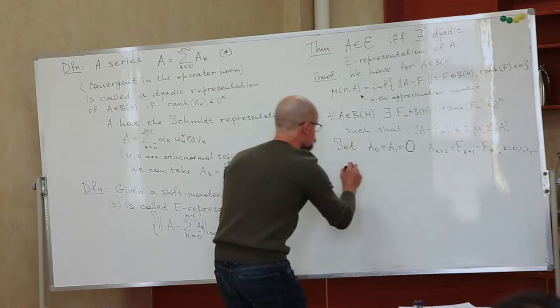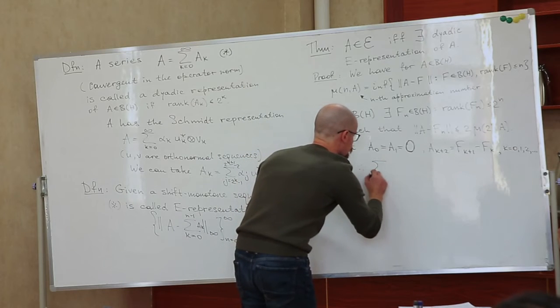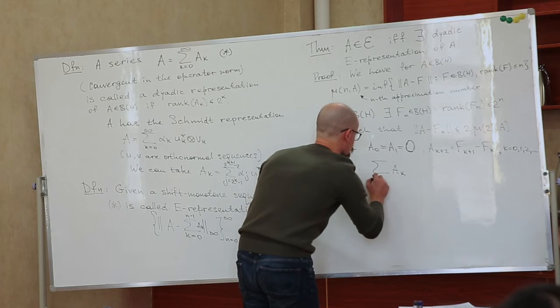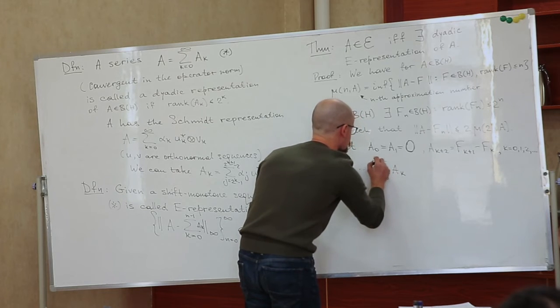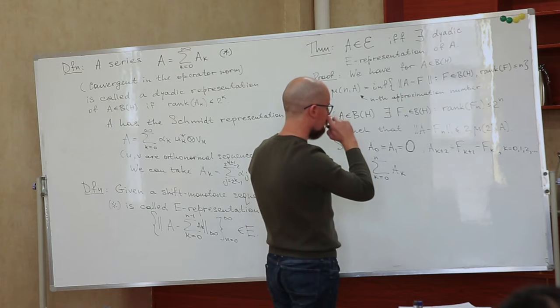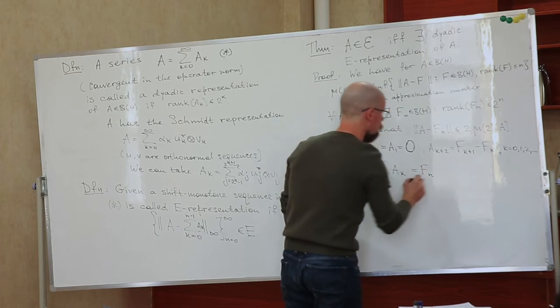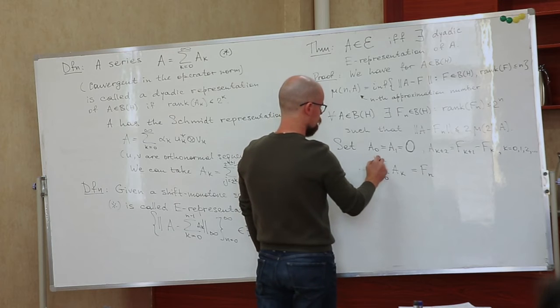Well, it is easy to see that the sum of A_k from 0 to n, I want it to be F_n, so I need to sum to n plus 1.